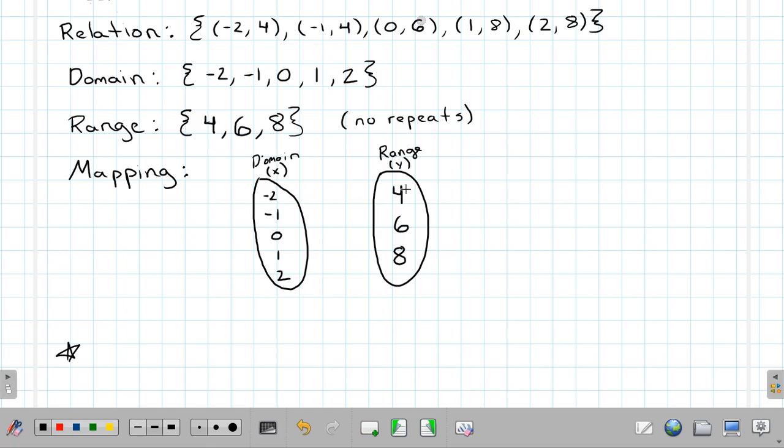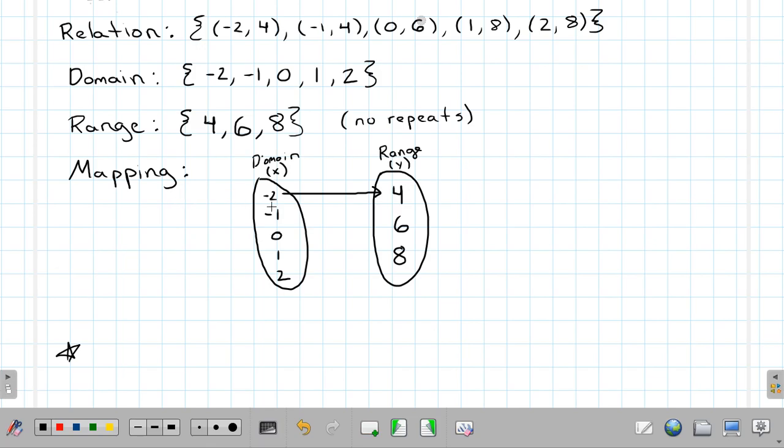Now, how it pairs the elements, the numbers together, is we use lines or arrows. So if we look at the ordered pairs, we're starting at -2, and it's going to be paired with 4. So we draw an arrow line from -2 to 4. Well, we go down to the next one. What's -1 mapped to?